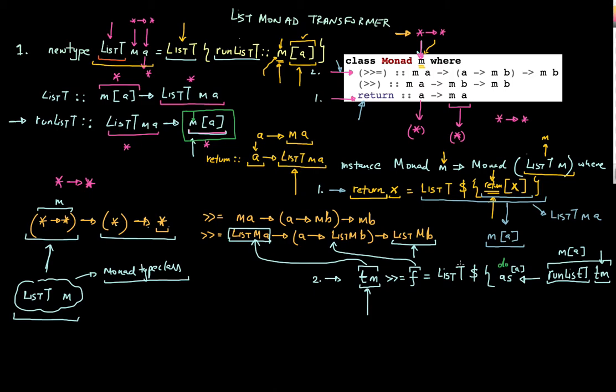Maybe I should use a different color so that we don't confuse the actual code with the types. This piece in yellow has a type of m of a. That's the monadic expression there. And this piece as is where the actual monad m has been taken off, and I'm just getting the actual value that was wrapped in that monad m.